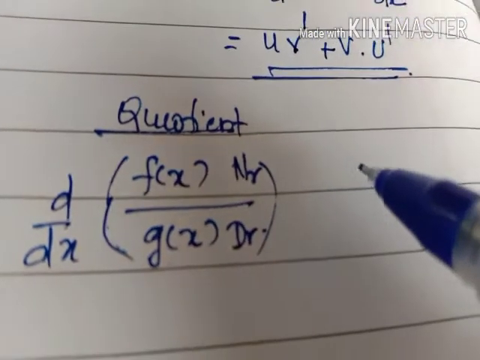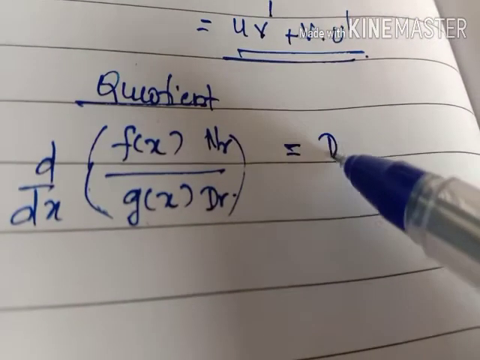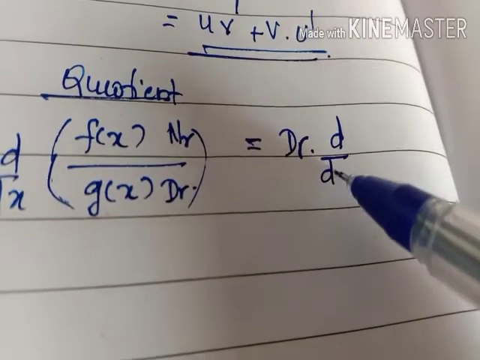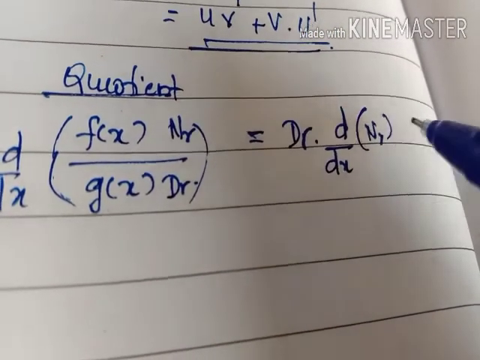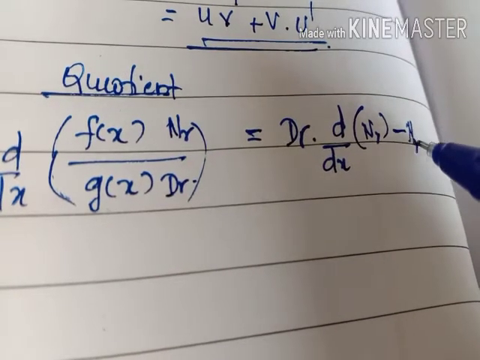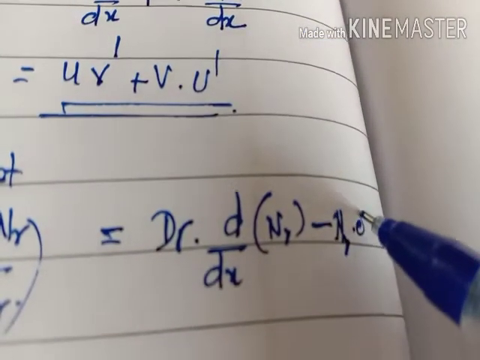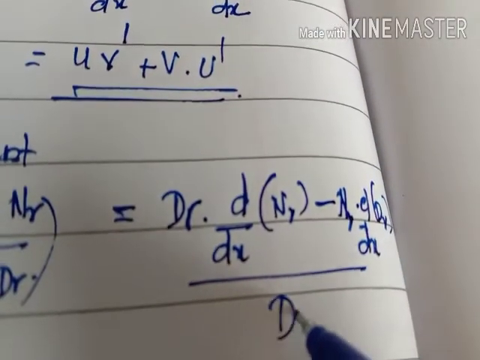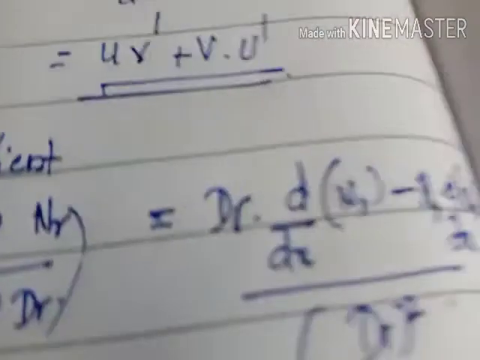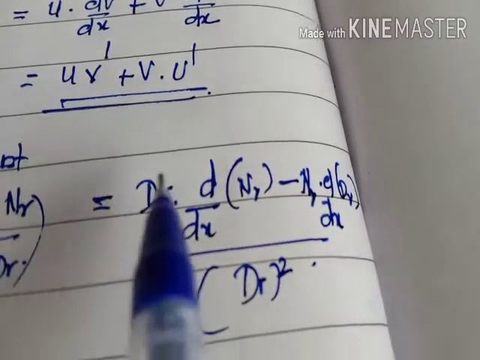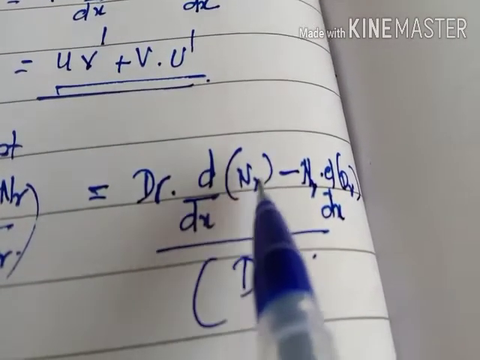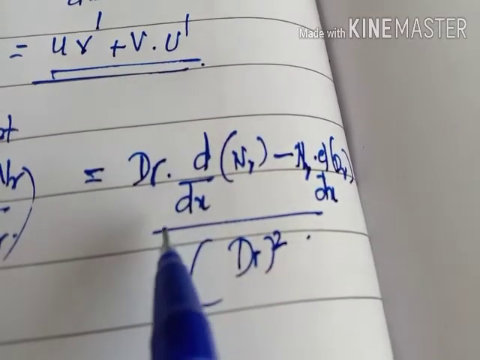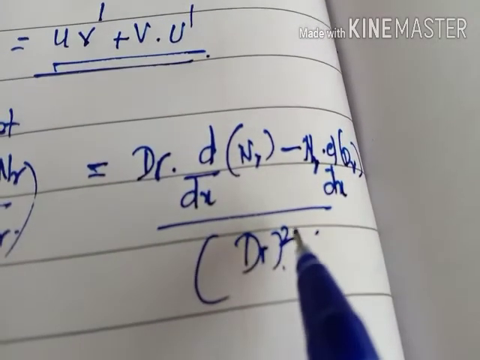So its derivative can be written as: start with the denominator, denominator into derivative of numerator minus numerator into derivative of denominator, divided by denominator square.